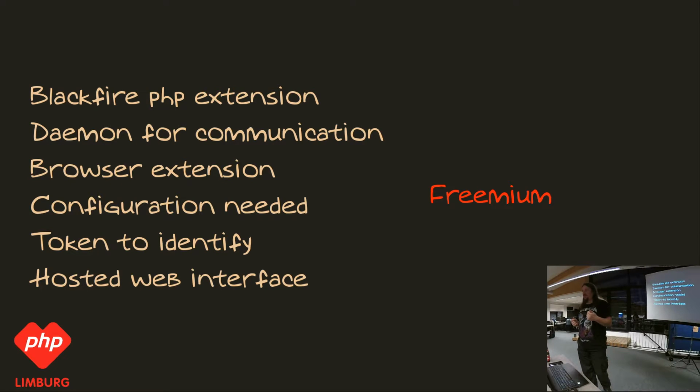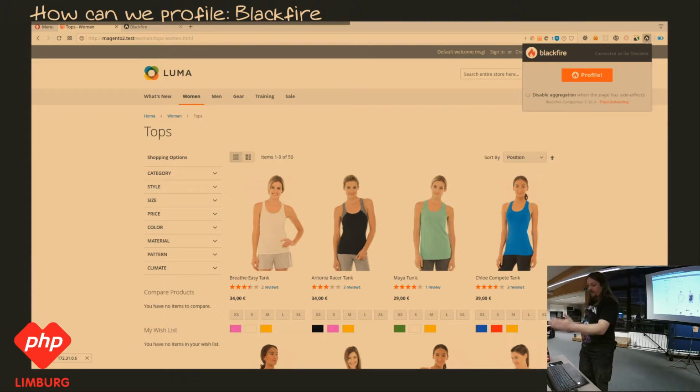I think it's only execution time and memory. And if you want CPU time or disk I/O or other external stuff, you really need to pay directly to see if it works for you. So it's the same thing again. You need an extension, you profile it. If you do it on the command line, you prefix blackfire php my fancy script, and then that will be profiled.